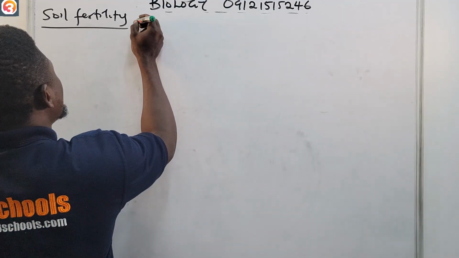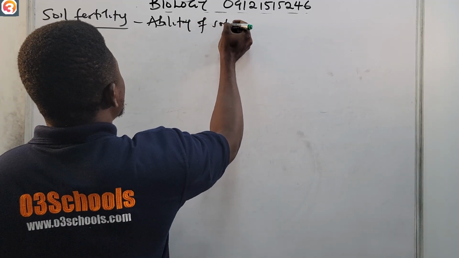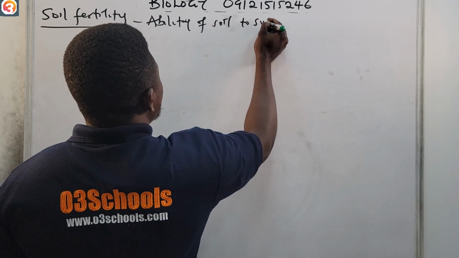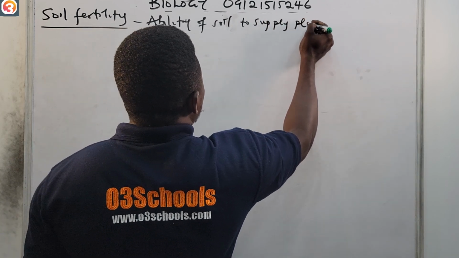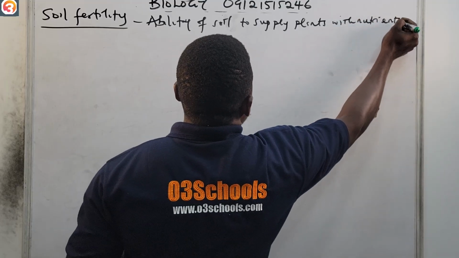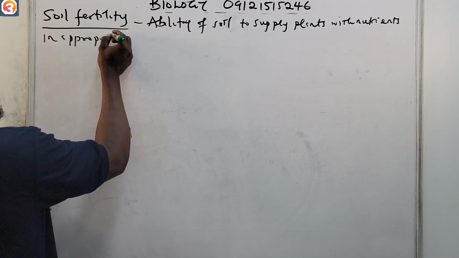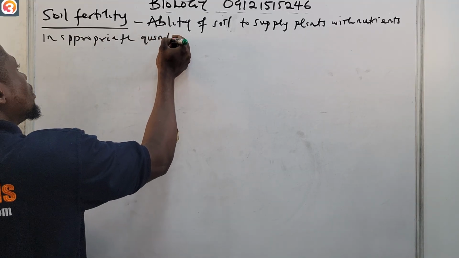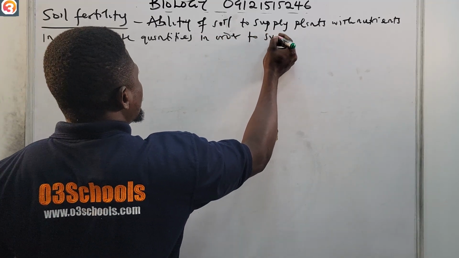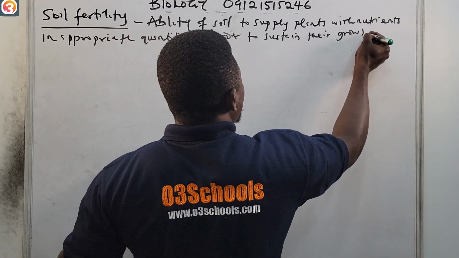So say soil fertility is the ability of the soil to supply plants with nutrients in appropriate quantities in order to sustain their growth.